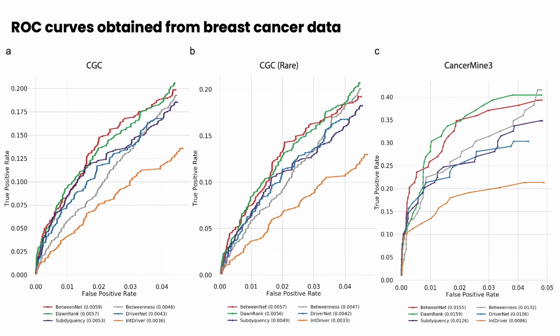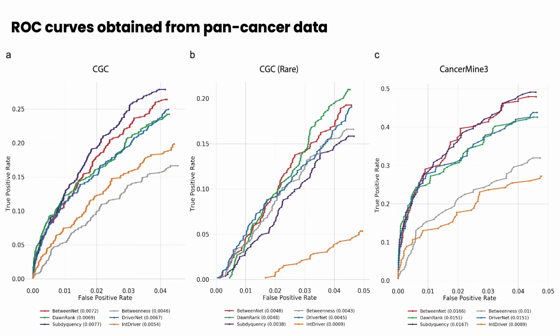We also observed the same thing from the breast cancer dataset, in which our method is performing better over all reference sets that we have here. Lastly, for the pan-cancer dataset, we observed that our method ranks second for both the CGC and CancerMine reference sets. And for CGC rare, our method and DawnRank have similar performance, and they perform the best.